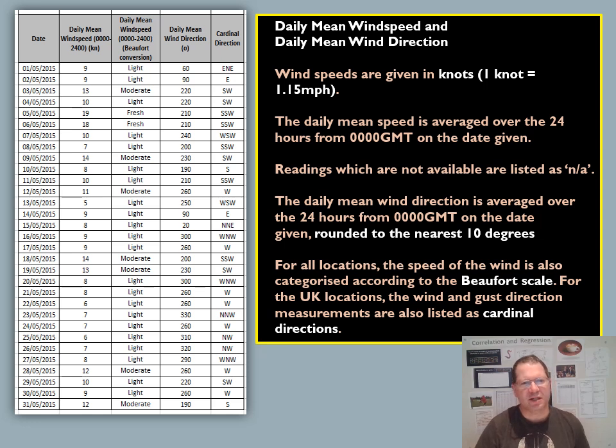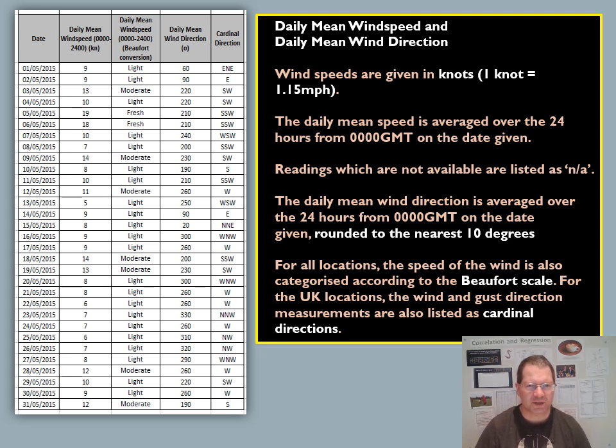The daily mean wind speed using the Beaufort conversion, again between midnight and midnight, there's 0 to 12 on the Beaufort scale. It's a scale of wind speed. 0 basically means there's hardly any wind, and 12 means there's lots and lots. It's very fast wind. But rather than use the actual numbers from 0 to 12, they have taken the wind speed and converted it into a word.